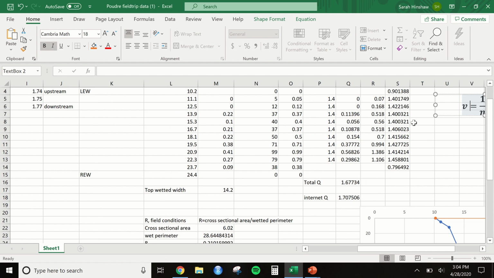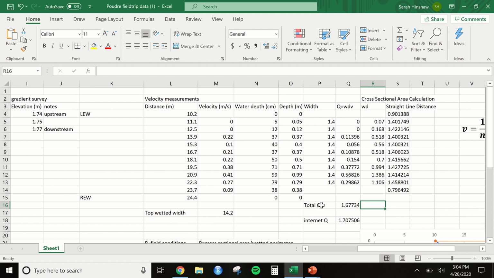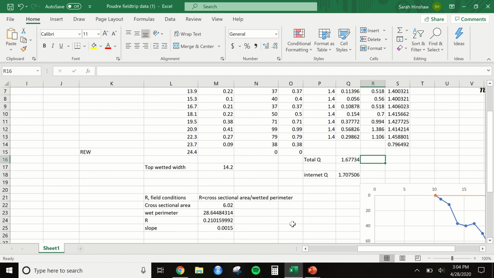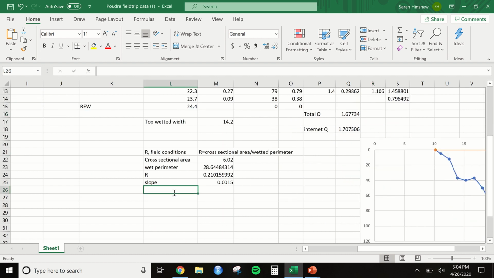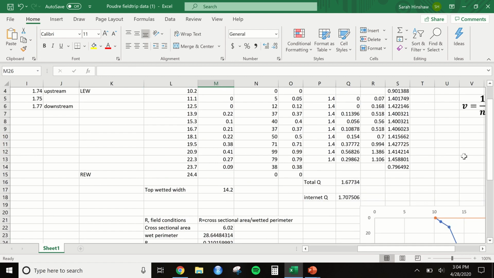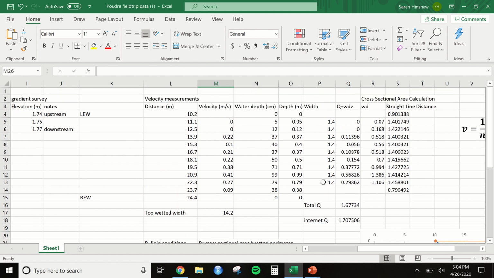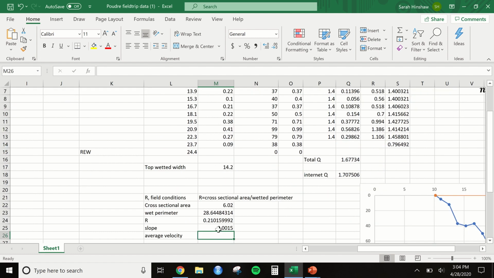So this velocity here, this is where I'm going to use that average velocity that I got from our total discharge. So Q equals VA. So if you've got the total Q and the total A, your average velocity is going to be Q divided by A. This is basically a way of normalizing all the different velocity values that we get and get a representative velocity for the entire channel.